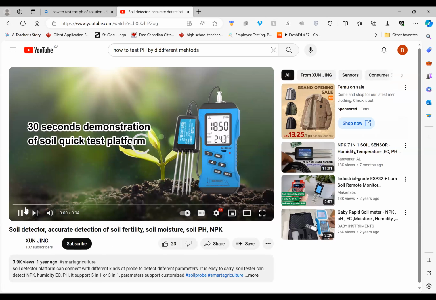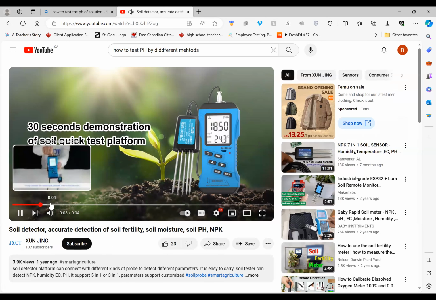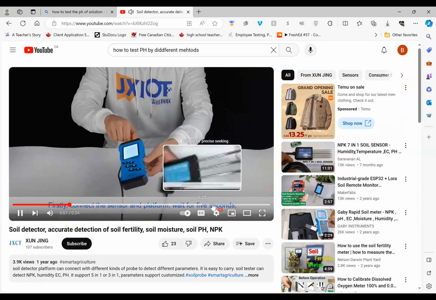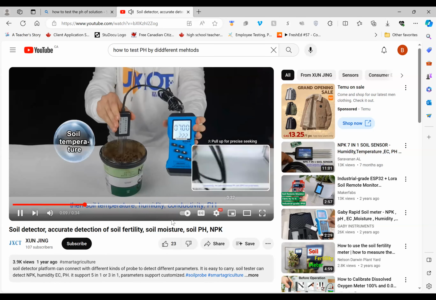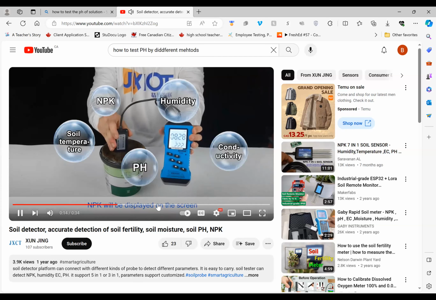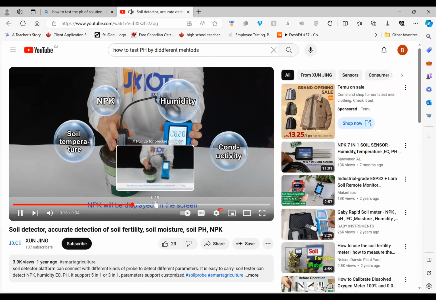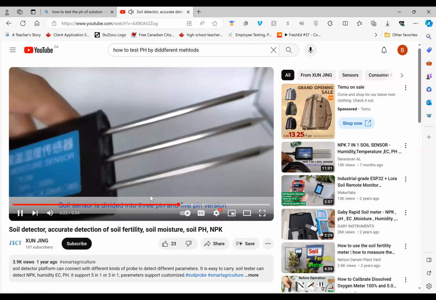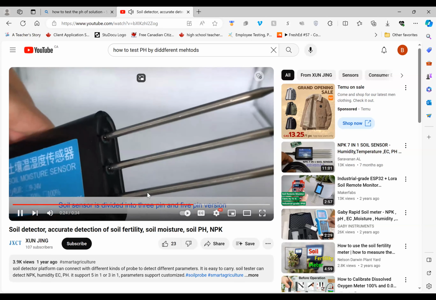30 seconds demonstration of soil quick test platform. Firstly, connect the sensor and platform. Wait for 5 seconds. Then soil temperature, humidity, conductivity, pH, NPK will be displayed on the screen. The user can view different parameters by pressing the up and down key. Soil sensor is divided into 3 pins and 5 pins version.